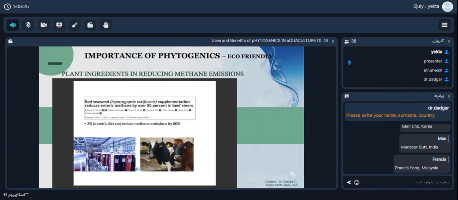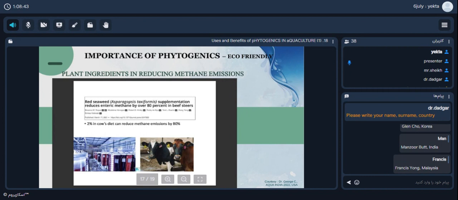Now, this one, eco-friendly. If we increase the plant ingredients in the feed, this will reduce the methane content, or the carbon emissions.